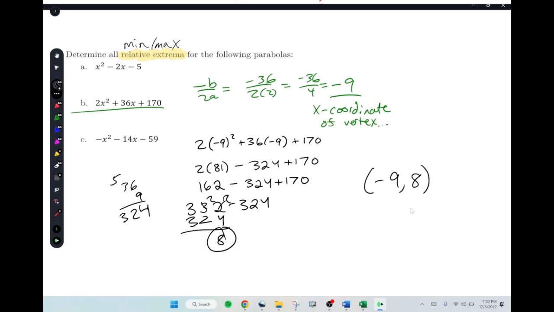I did that super duper fast. 2 times 81 plus 36 times negative 9 plus 170. Oh, it is 8. Hey. Okay. 11b.